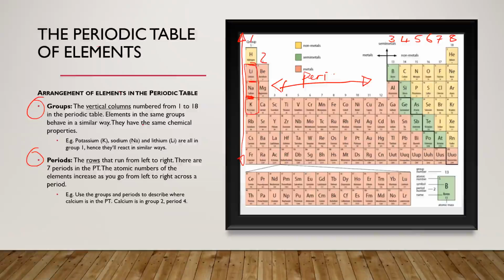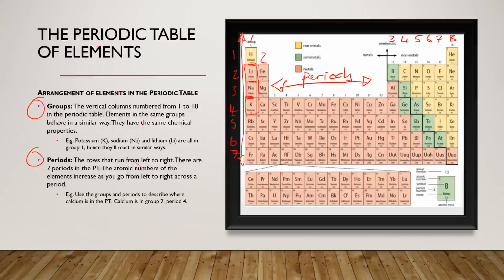Periods. And there are 7 periods in the periodic table. If you count here from hydrogen, there's 1, 2, 3, 4, 5, 6, 7.